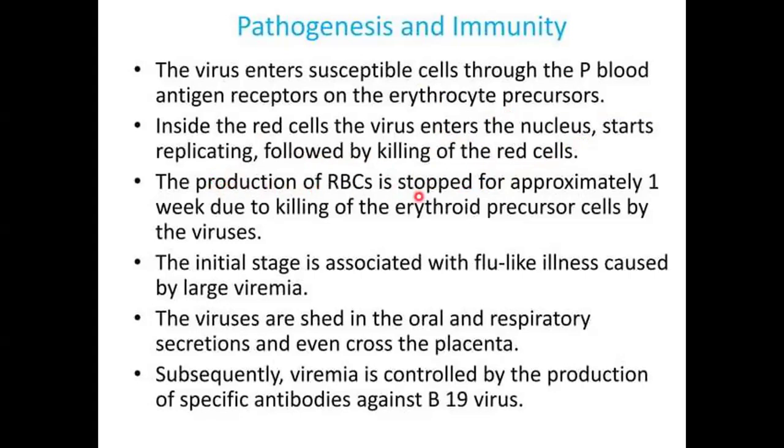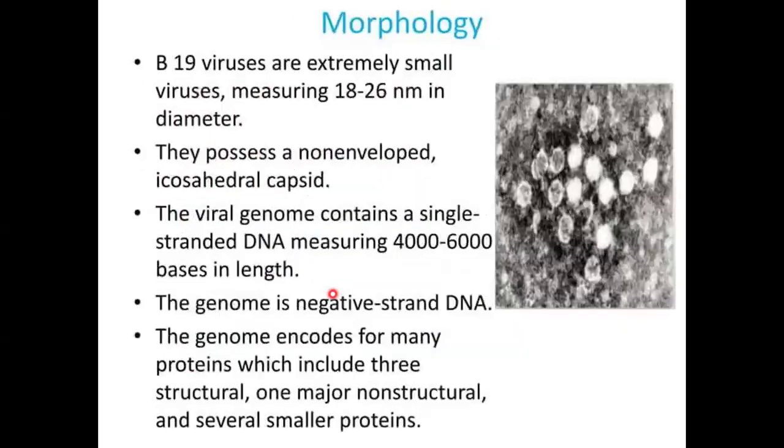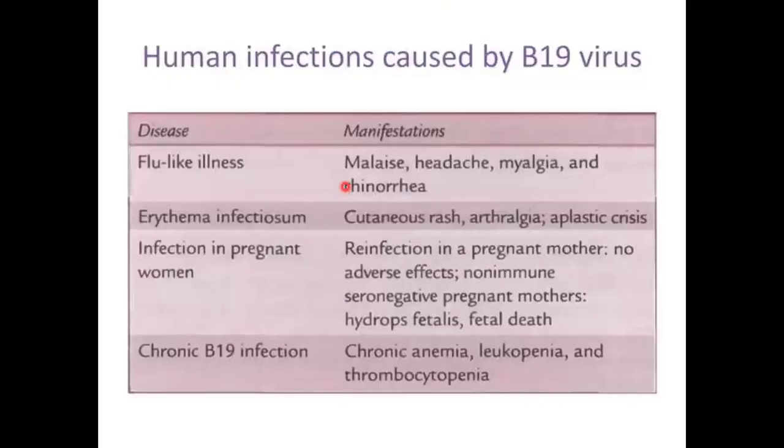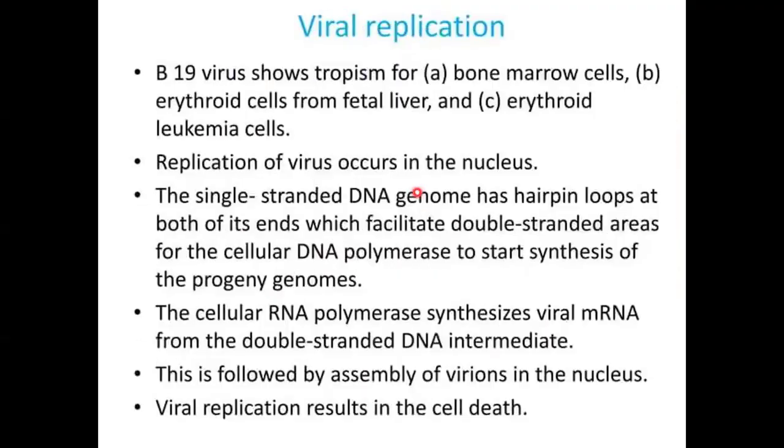The production of RBCs is stopped for approximately 1 week due to killing of erythroid precursor cells by the viruses. The initial stage is associated with flu-like illness caused by large viremia. As we had seen here, this is the first stage. When the virus has entered the blood, there'll be malaise, headache, myalgia, and rhinorrhea.